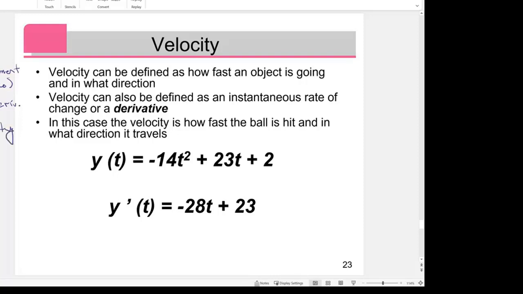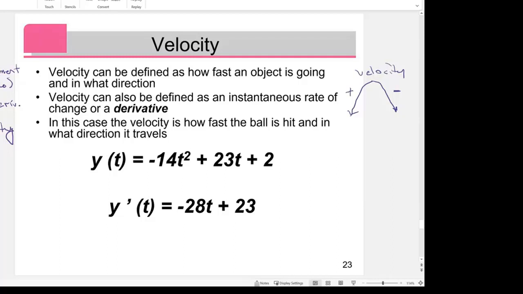Velocity can be both positive and negative. For example, if I throw a ball up in the air, while it's going up, it's positive, and as it's coming down, it's negative velocity. Speed is always positive, but velocity can be both positive and negative.